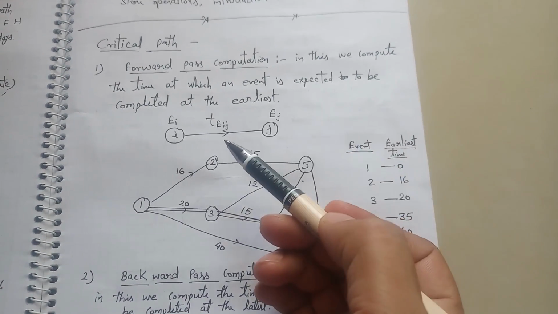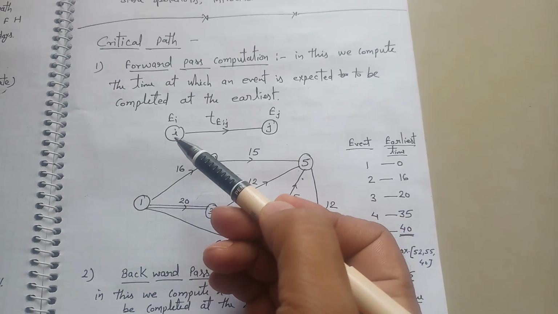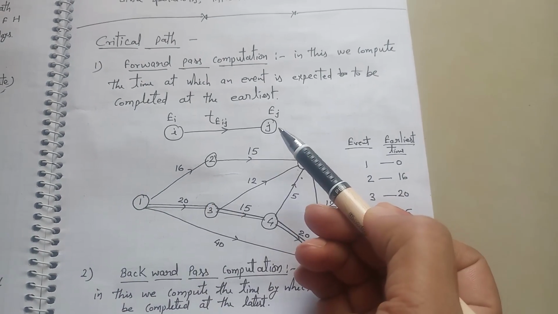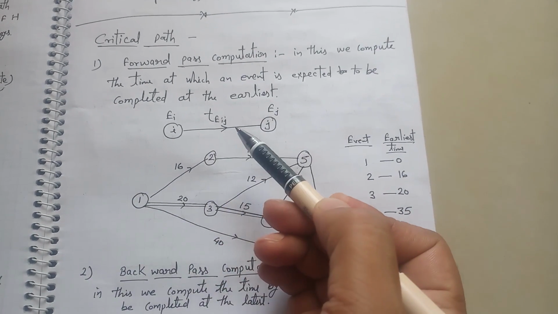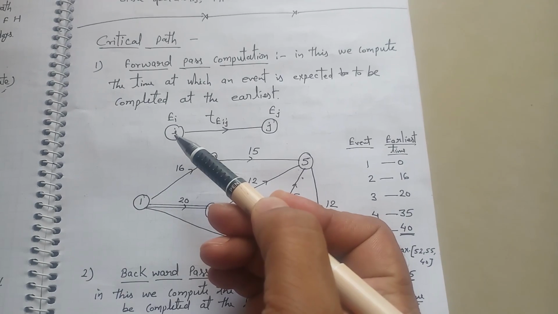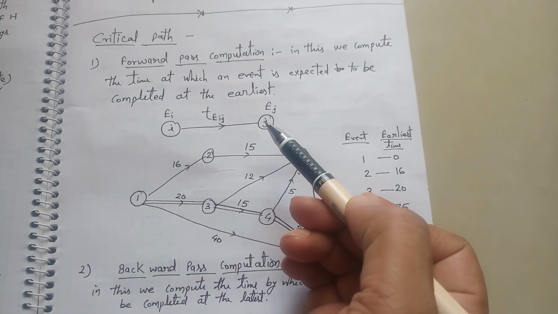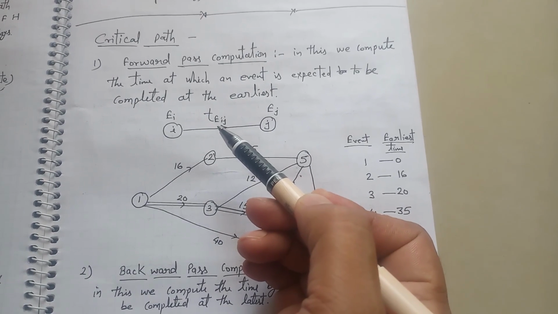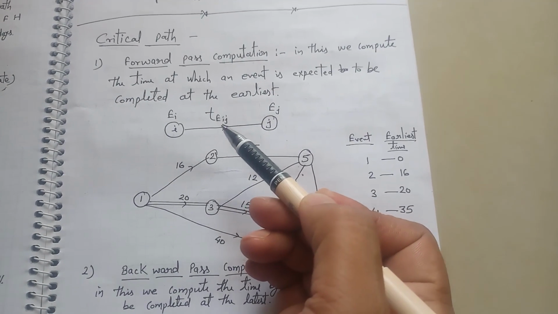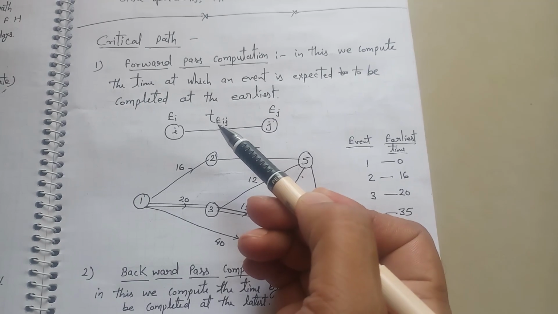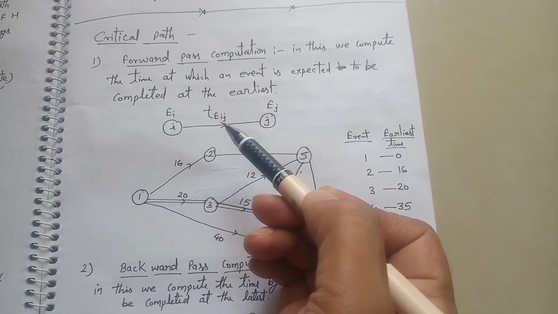Suppose in a problem, we have two events, a starting event and an end event. There is an activity. So the starting event we represent by Ei and the end event we represent by Ej. And TEij is your activity, you can also say this is your expected time.